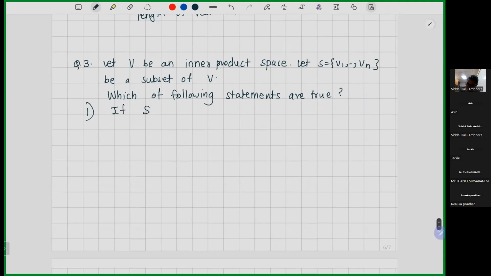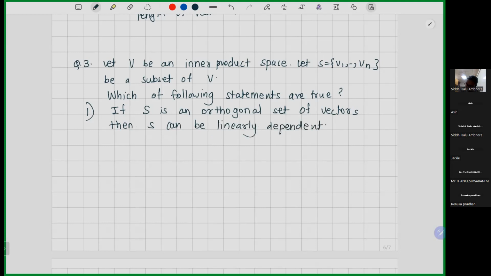The first statement is: if S is an orthogonal set of vectors, then S can be linearly dependent.